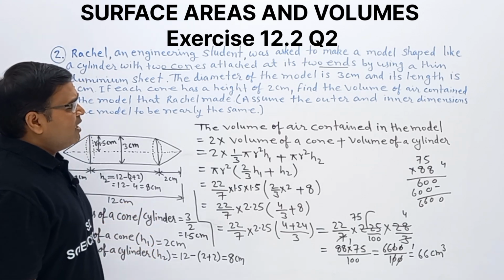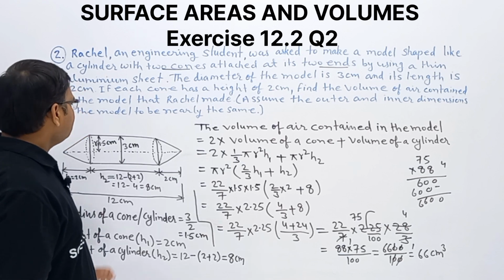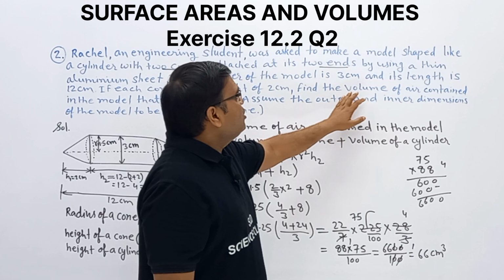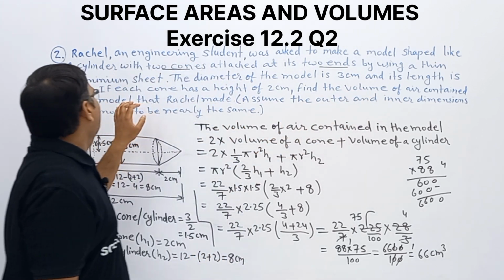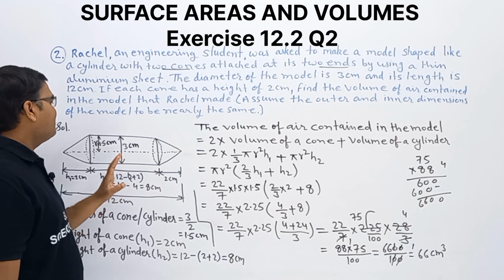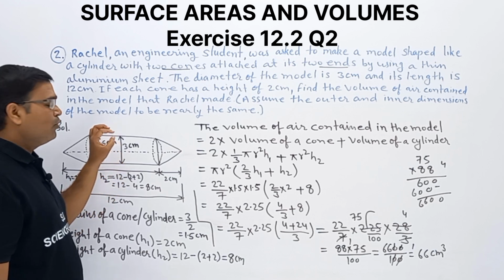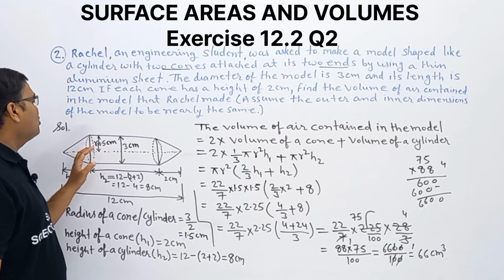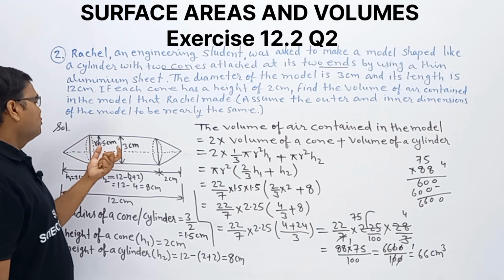So observe again what we are doing in this question. In this question, we want the volume of air contained in the model. This is the model shape in which we want the air volume. Clear? So this model contains two shapes.